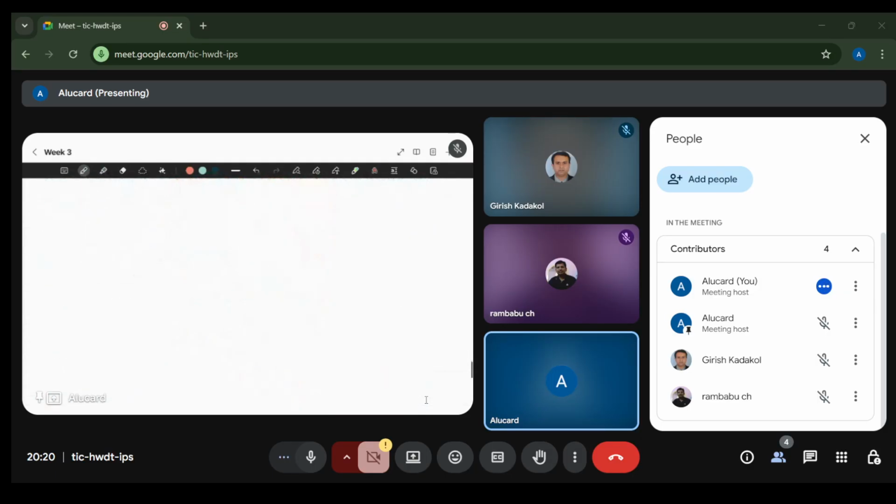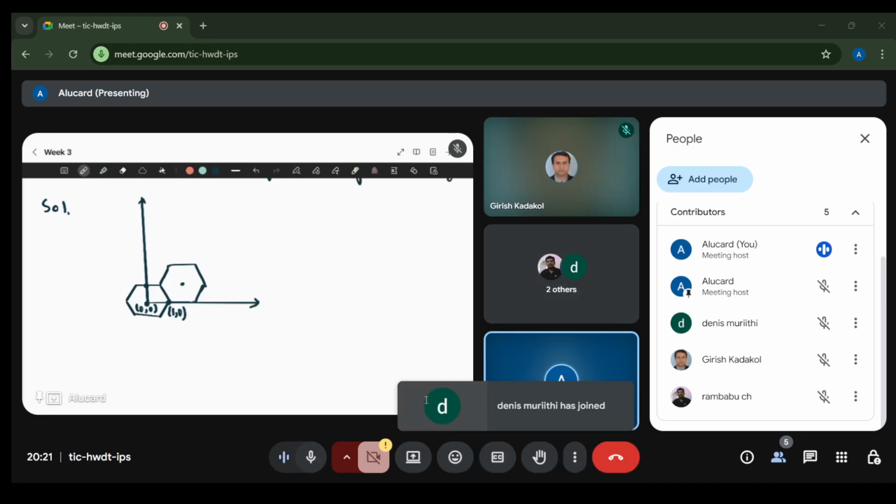So in this question, your other axis, let me draw the hexagon first. Now that other axis will pass through the center of the adjacent hexagon. So this is your V axis, and this is your U axis, this is X axis.